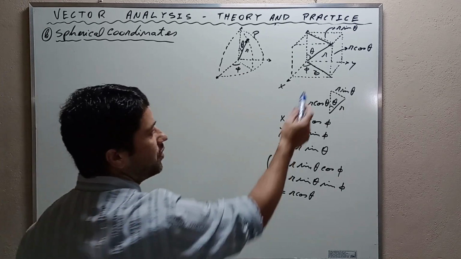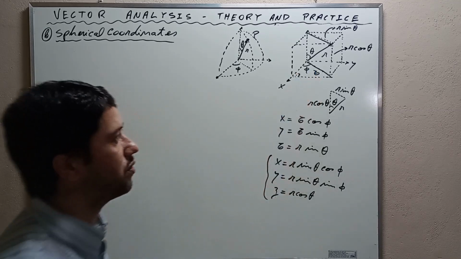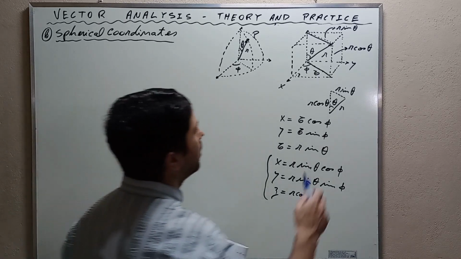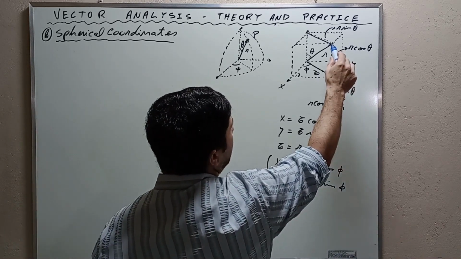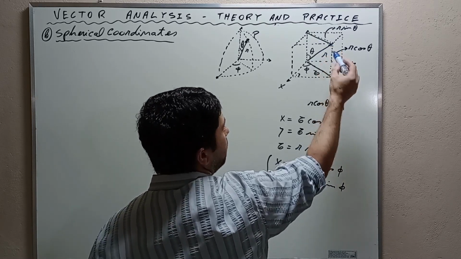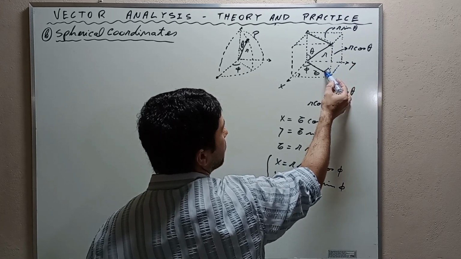Tau is the hypotenuse of this right triangle here.